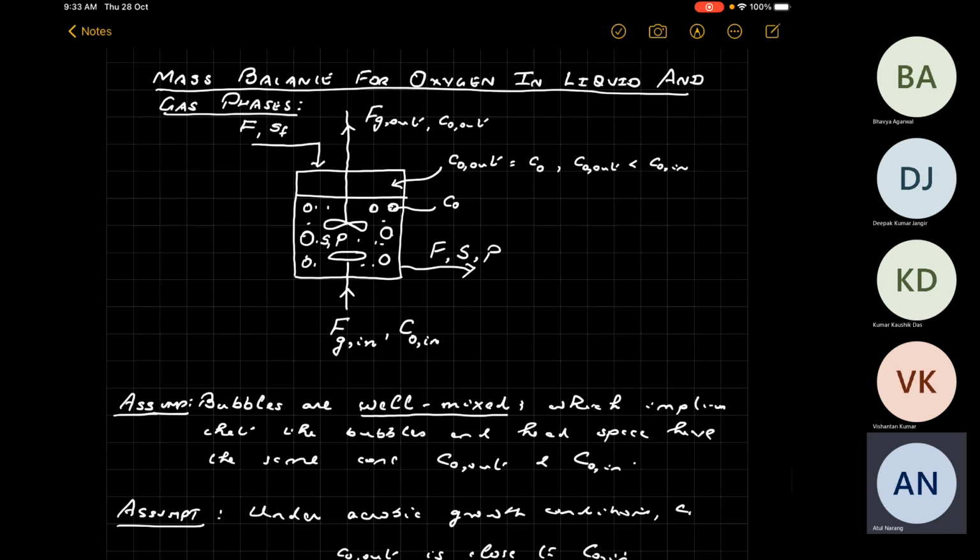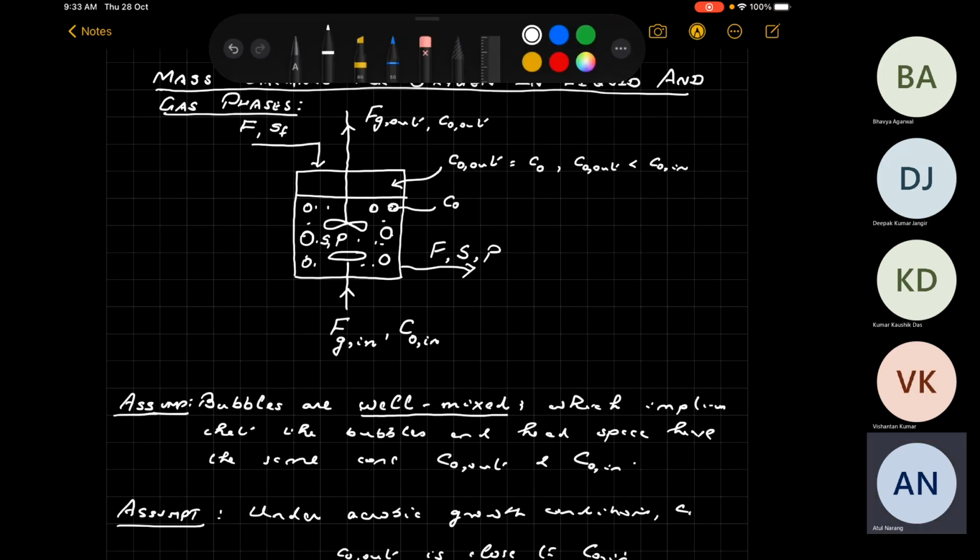So I think today's lecture is really the heart of this chapter, because we get to the mass balances that apply to this class of problems.